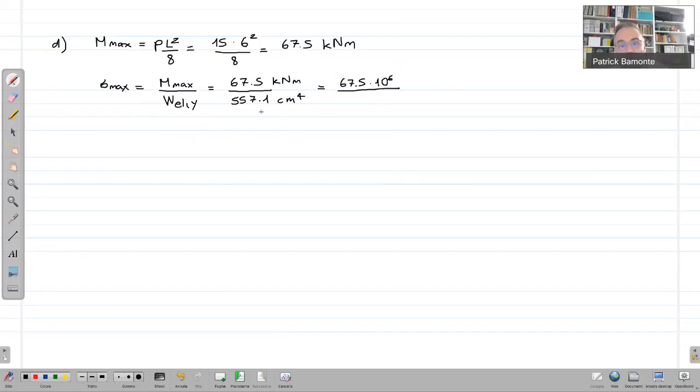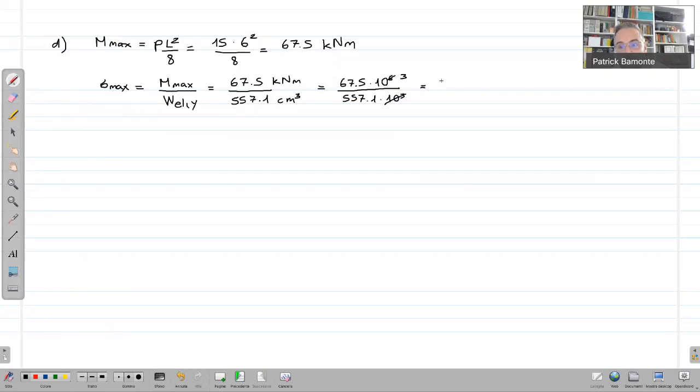Again, how do I convert this? Sorry, here I wrote something which is wrong. This is not to the power of 4, this is to the power of 3, as we just said. Again, this is in cubic centimeters. How do I transform it into cubic millimeters? Simply 557.1 times 1,000, which is 10 to the power of 3. Basically, 10 to the power of 6 divided by 10 to the power of 3 gives 10 to the power of 3.